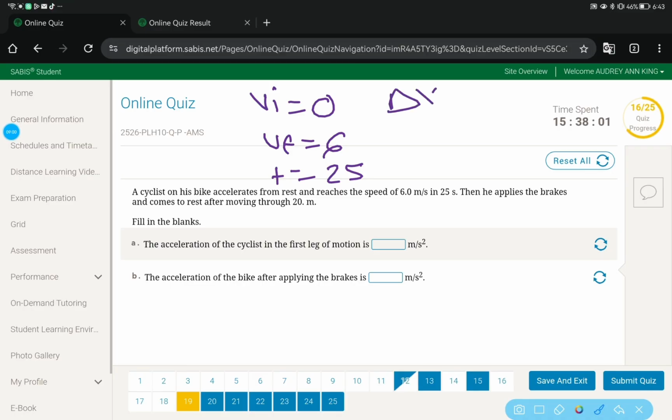We have our displacement, which is 20. And then we have our deceleration, which is 0. So we need to find the acceleration of the cyclist in the first leg. So the first leg is this. So let's see what we can do.